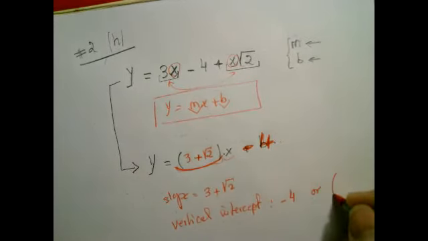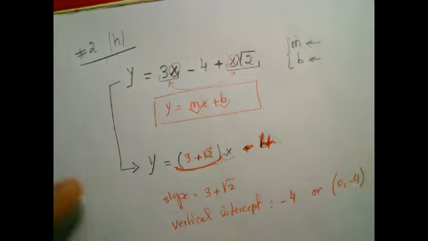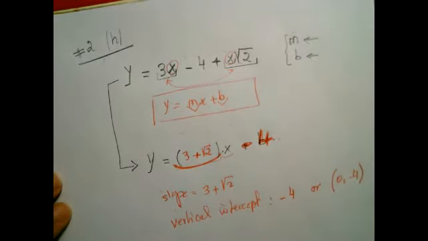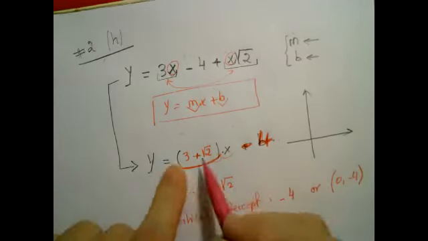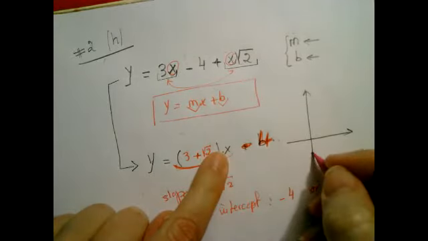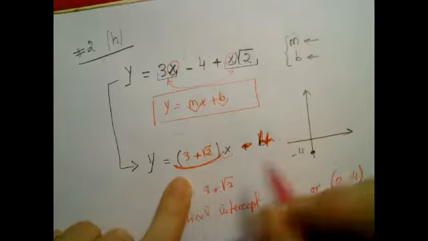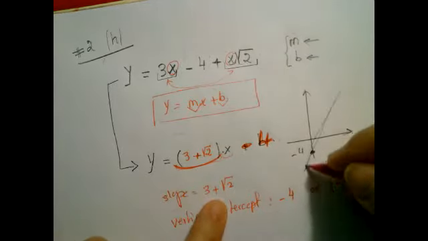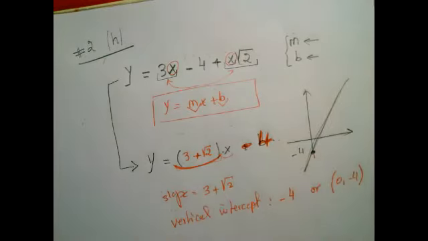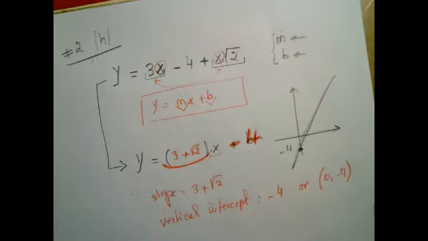Or actually, it's better to write it as (0, minus 4). Graphically, this is a line. When x is 0, I am at minus 4. And since the slope is positive, the line is going to rise like that. Okay, that's the idea. That's a good question.